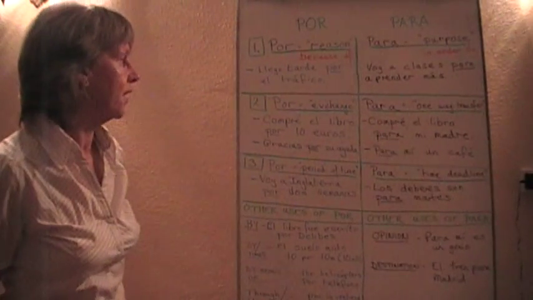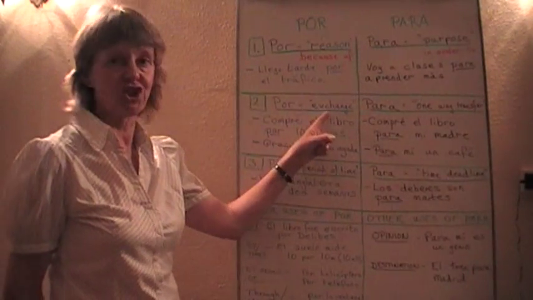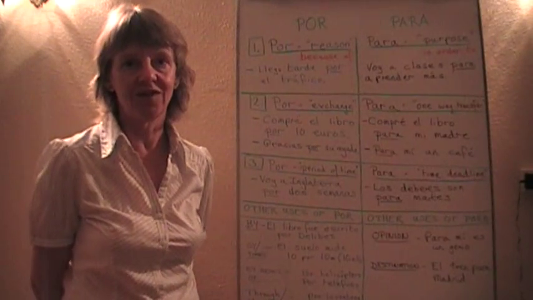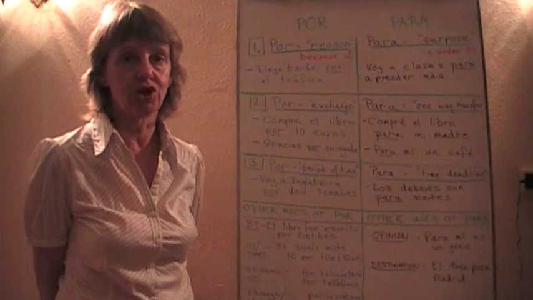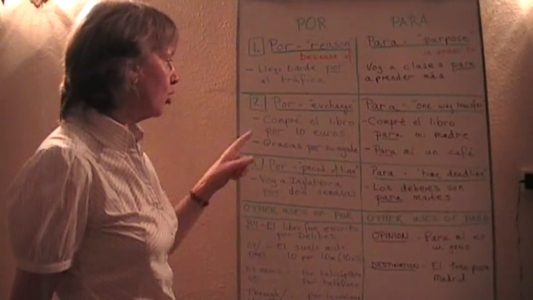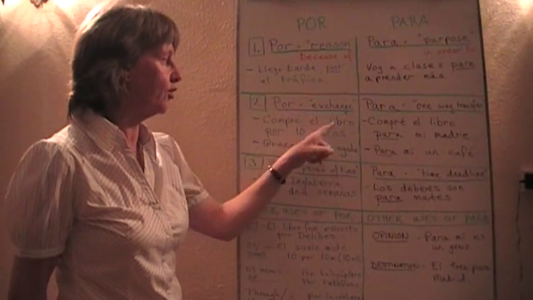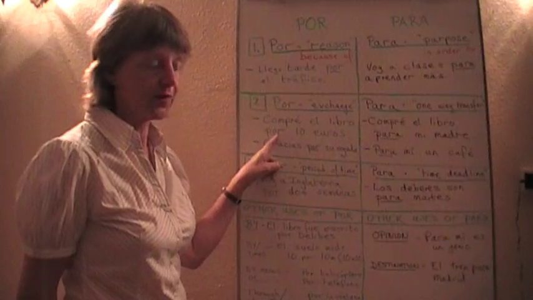Second difference, the best way I can describe it is por meaning exchange and para meaning one-way transfer. I couldn't find a neater way of saying that. And I've got a similar sentence here which should illustrate the difference. Compré el libro por 10 euros, which means I bought the book for, that is in exchange for, 10 euros.